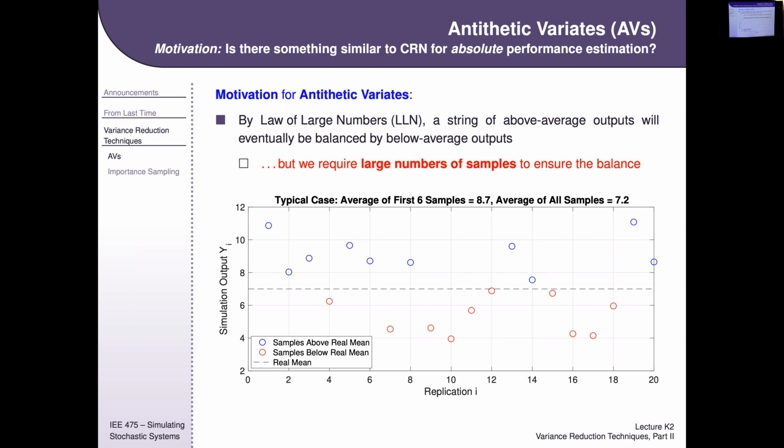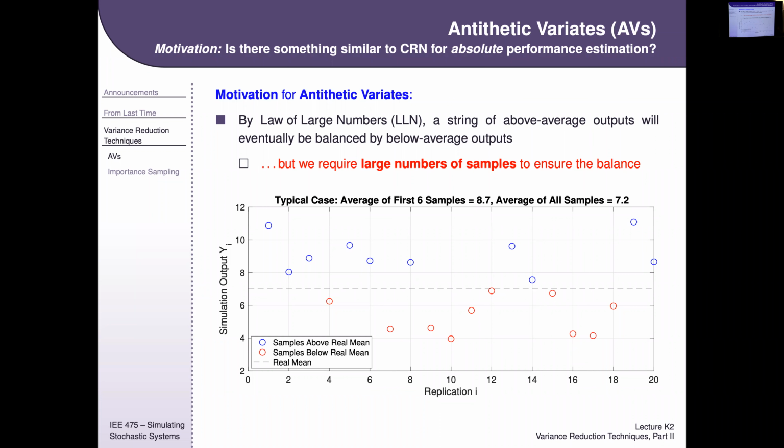And we know by the law of large numbers that for every above average case, there'll eventually be a below average case. And if you take enough samples, all of the really high above average cases will cancel out with all the really low below average cases. And that's how you end up getting a convergence on the mean. But we need lots of replications to do that.